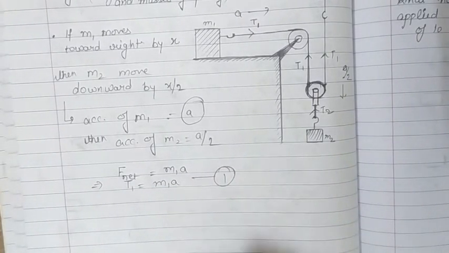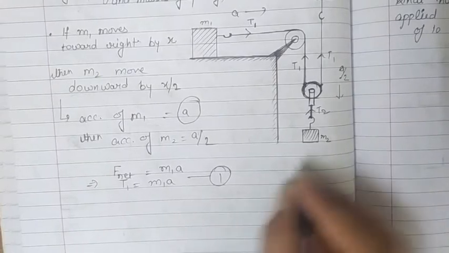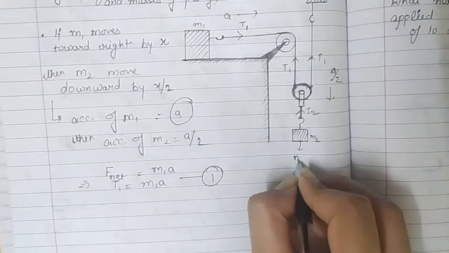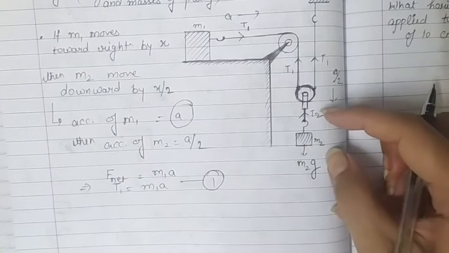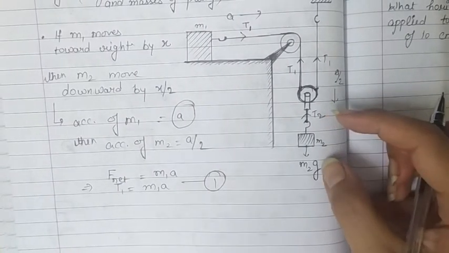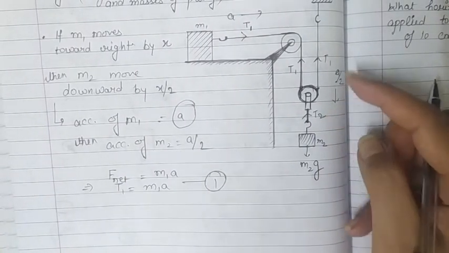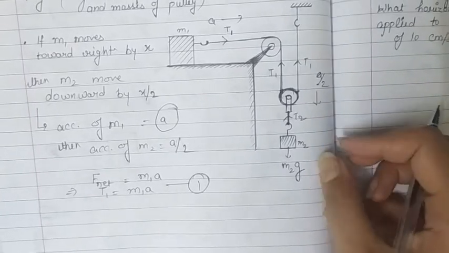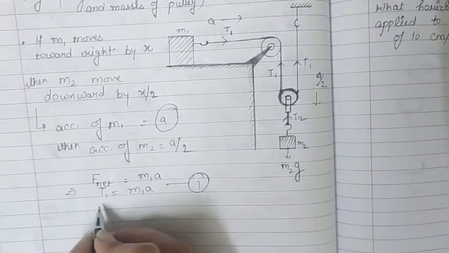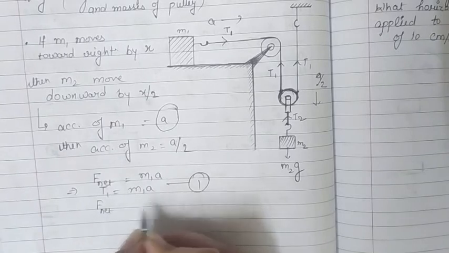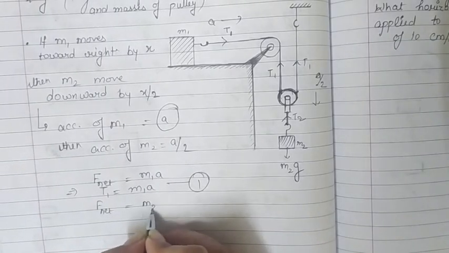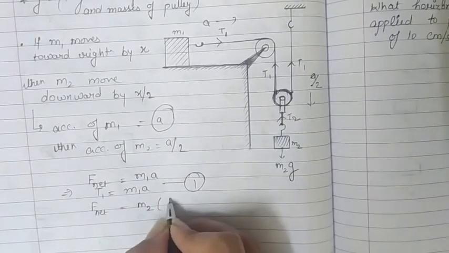Now for the second block, this one, we have weight of it acting downwards, that is M2G. So the net force acting on it is M2G minus T2, since it is moving downwards, which shows that this M2G is greater than T2. So we know that F net is equal to M2 and acceleration is A by 2.